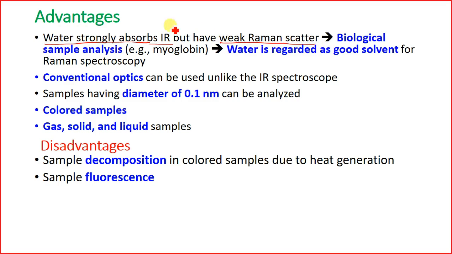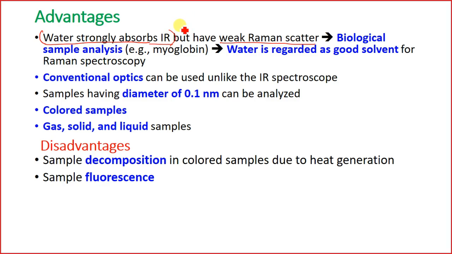Since water molecules can absorb a lot of IR radiation, if you make a solution of some analyte in water and then want to do IR, you will have peaks which are mostly due to the water absorption peak. The peaks of the sample will be very small, and you will not be able to resolve the peaks properly.